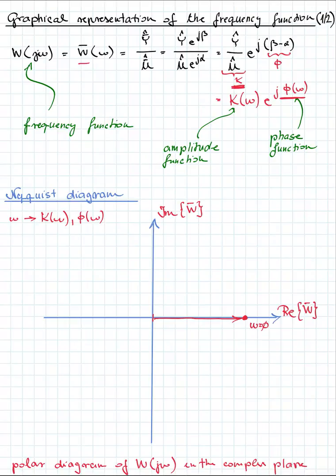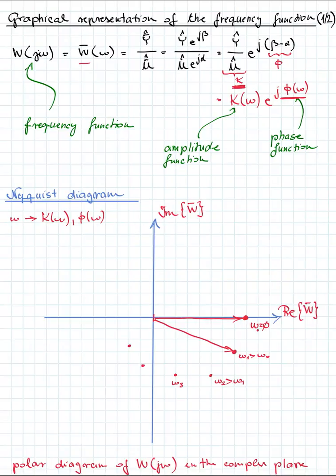Next, we are going to increase omega, and we are going to get a value like this one. So our phasor is going to point to here. This is omega 1. First one is omega 0. Okay, and then we are going to get the higher omega, omega 2. So omega 2 is like this one, omega 1 is bigger than omega 0, and so on and so on. So we increase omega, and we are going to get some values on the complex plane.